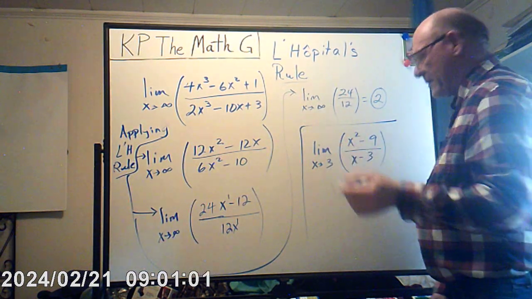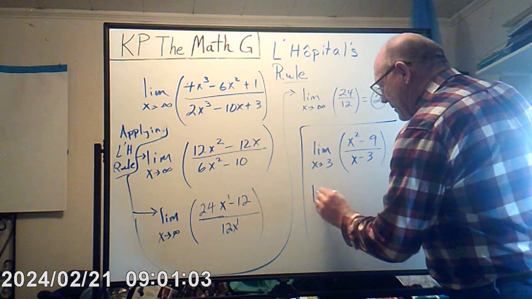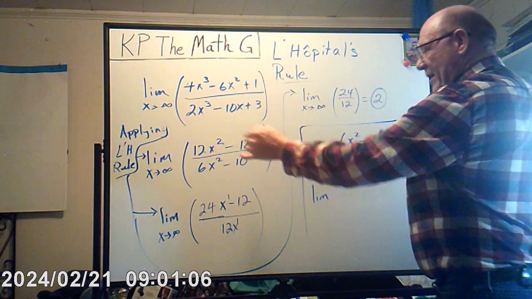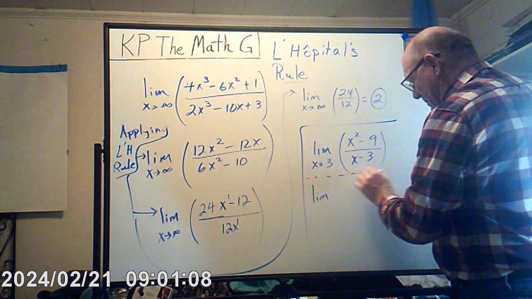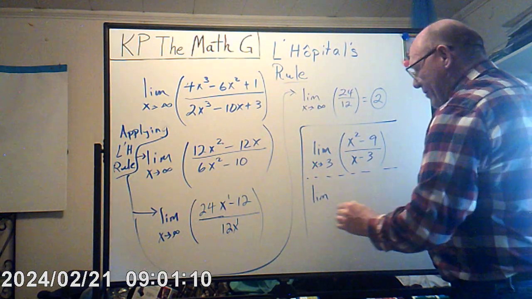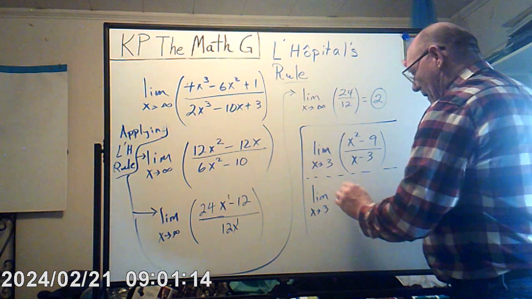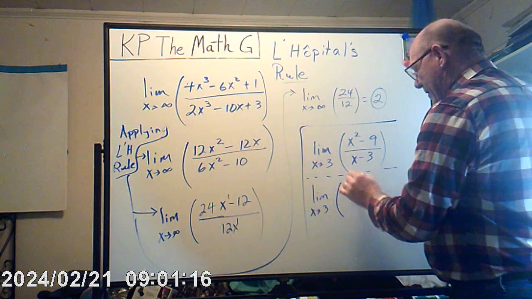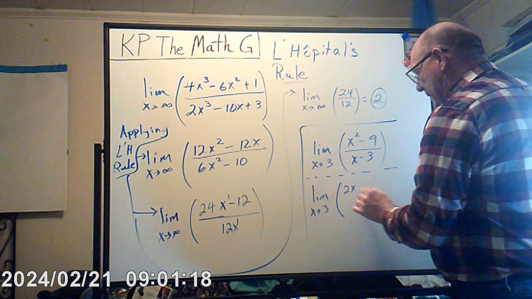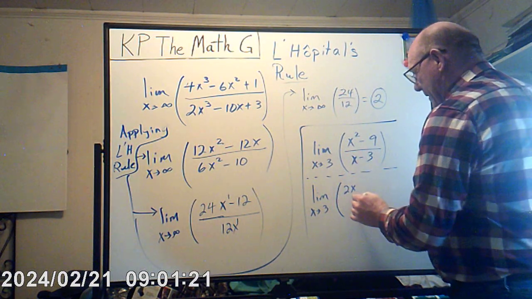So you could probably still apply L'Hopital's rule. Let's see. I would say applying L'Hopital's rule right from here, with x approaching 3. Let's see if we try that. The derivative is 2x, that's just 2x, isn't it?